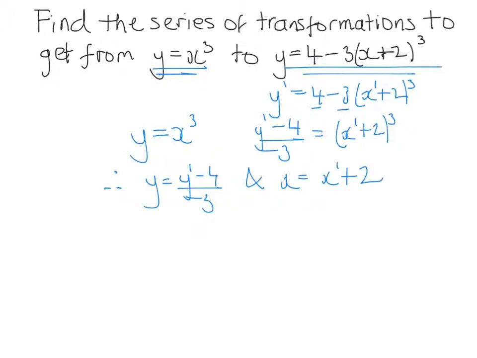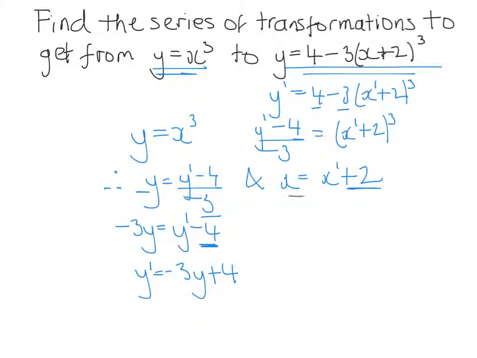Alrighty, so let's see. I'll take this minus 3 from the bottom and put it up there. And then this minus 4, I'll take it and put it on the other side. So y dash minus 3y plus 4. And I'll take this plus 2 and minus 2 from each side. So this will be x dash is equal to x minus 2.